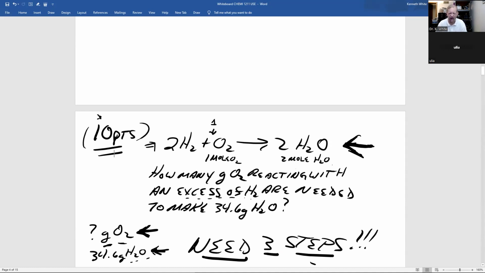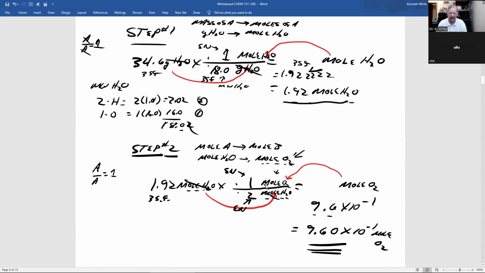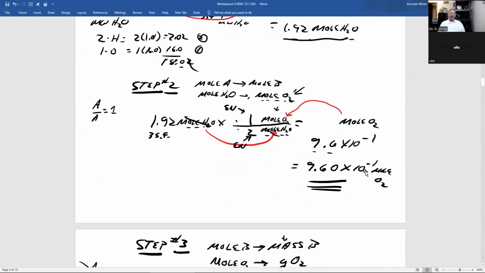So 1 mole of oxygen makes 2 moles of water. For every 1 mole of oxygen, there are 2 moles of water. Therefore, I can put in for every 1 mole of oxygen, 2 moles of water. These are exact numbers. I do the math, and now I have, in step 2, moles of oxygen.